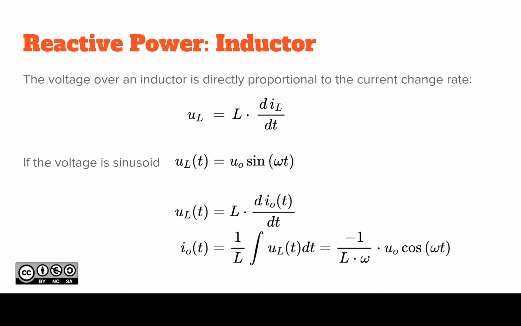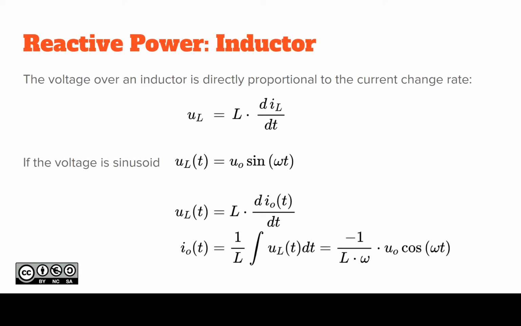Same way, reactive power in an inductor. Voltage over an inductor is directly proportional to the current change rate. Looks quite similar to the capacitance, but instead of the derivative of voltage, we have the derivative of current, and that derivative of current induces a voltage change which is proportional to this inductance.